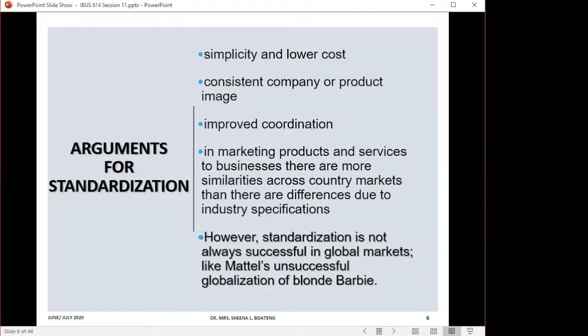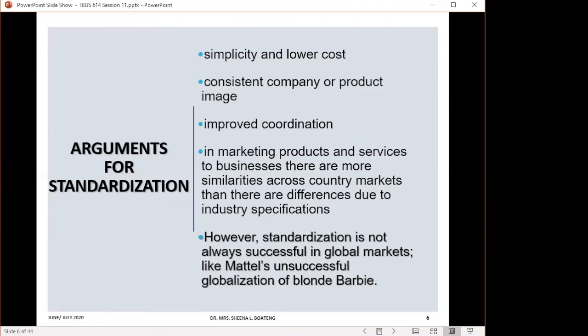Because, for instance, in the example that you gave in telecoms, if you are selling fiber cables, the cable is standardized. It's not going to change because that's the nature of the technology. But in terms of the marketing mix, it might change from country to country. Would you say this is also another form of standardization, or is it adaptation?